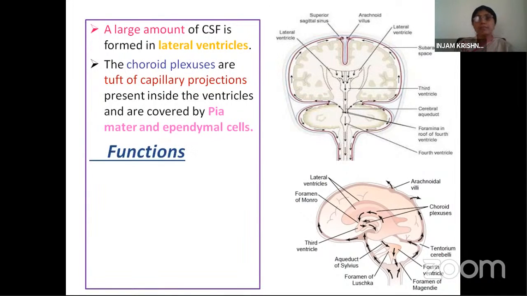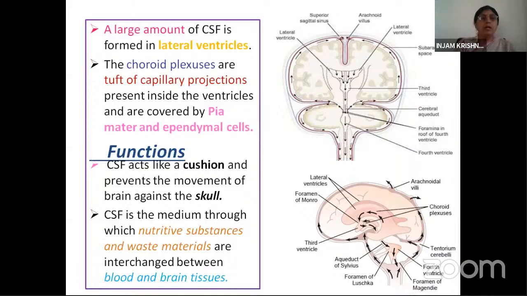And what are the functions of the CSF? CSF acts like a cushion and prevents the movement of the brain against the skull. Yes, it protects from friction and mechanical shocks. It acts as a cushion.